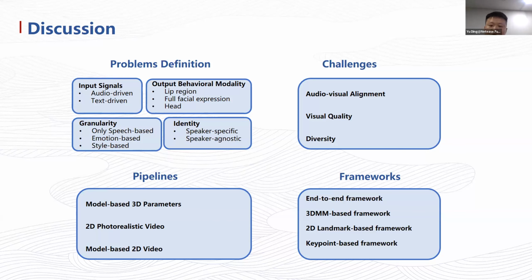The challenges include audio-visual alignments, the visual qualities, and the output diversity. The pipelines have model-based 3D parameters generation, 2D photorealistic video generation, model-based 2D video generation. The frameworks can be end-to-end framework, 3DMM-based, landmark-based, or key points-based.